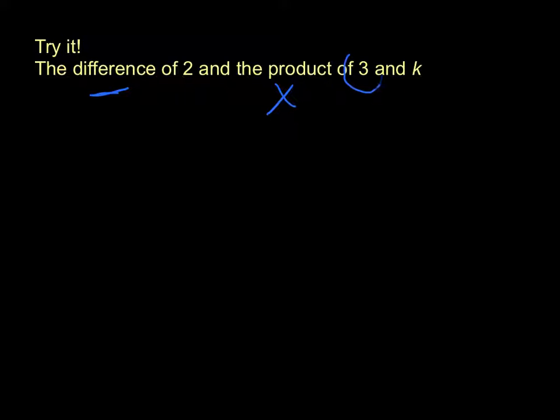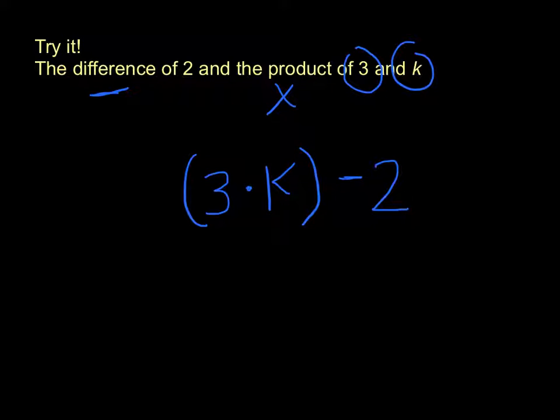Here we see that we're multiplying 3 and k, so I'm going to go ahead and do 3 times k. And I need the difference of 2. So I'm going to put these in parentheses so I know that that comes first. And the difference of 2 would mean I'm going to subtract 2. You could write this a couple of different ways. You could do 3k minus 2, but remember you are subtracting 2 at the end there.